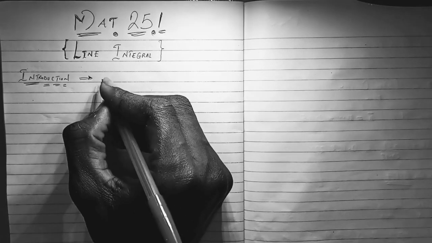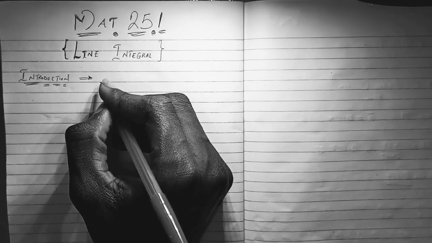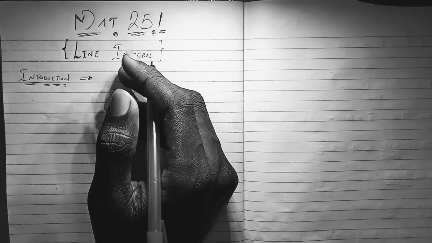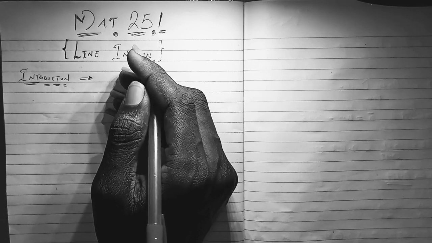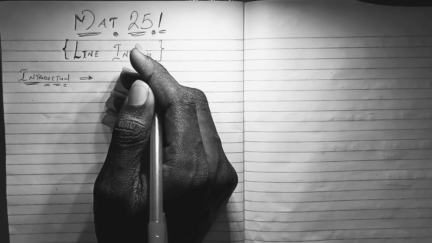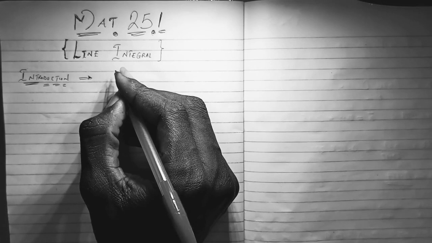In that case, we can also say that a line integral is also called a path integral, or a curve integral, or a curvilinear integral. So I just mentioned three things.